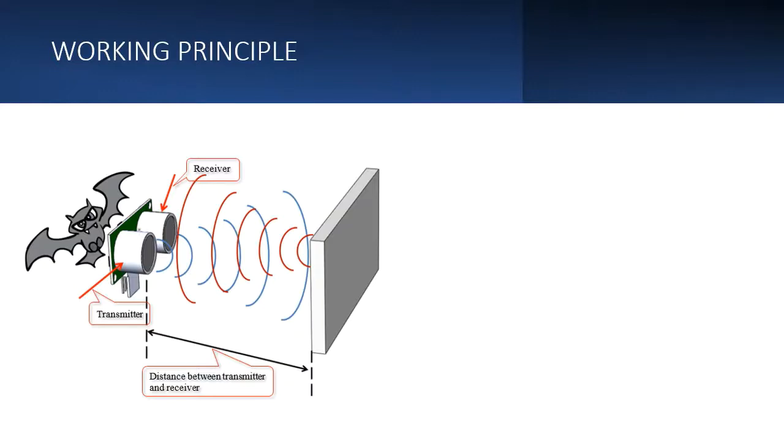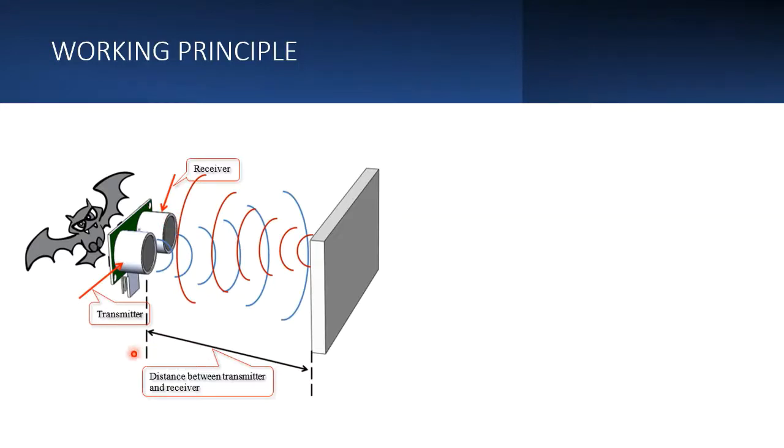The same technology is being used in this case. You could see we have a sensor with one transmitter and a receiver. The transmitter transmits the ultrasonic sound waves, and if we have some obstacle, the sound waves get reflected back and are received by the receiver.